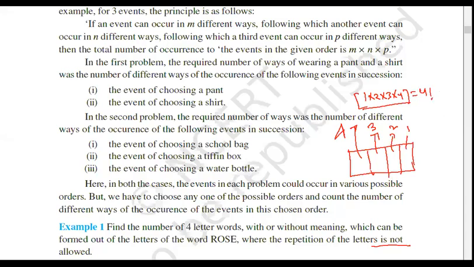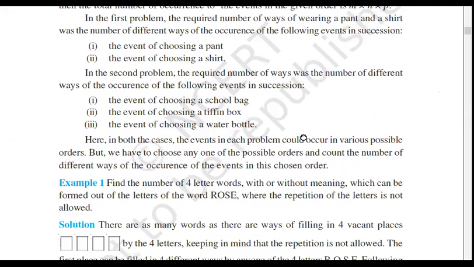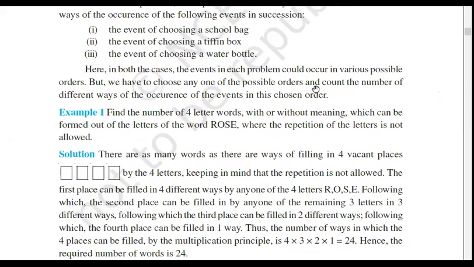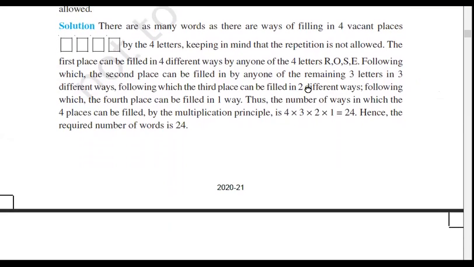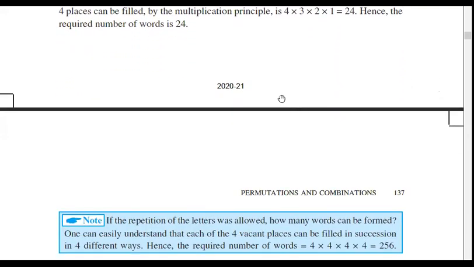Are you getting the concept now? I hope all of you who have studied in the last class are refreshing your concepts. Now, if repetition would have been allowed, then obviously it would have been 4 into 4 into 4 into 4, which is 256.